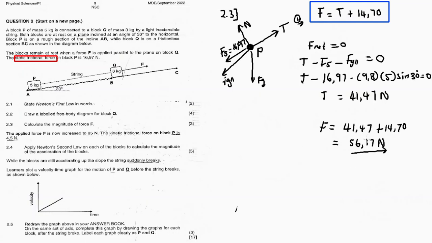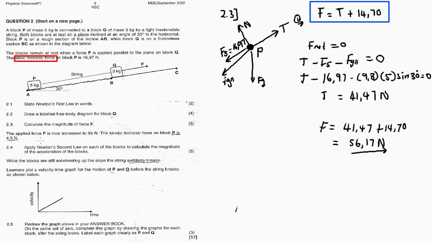So anything bigger than 56.18, our system will move, and it's not only moving but also accelerating. Now the kinetic frictional force is 4.5 newtons. So now I experience the static and the kinetic frictional force.